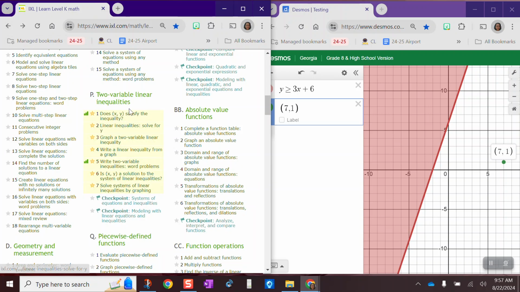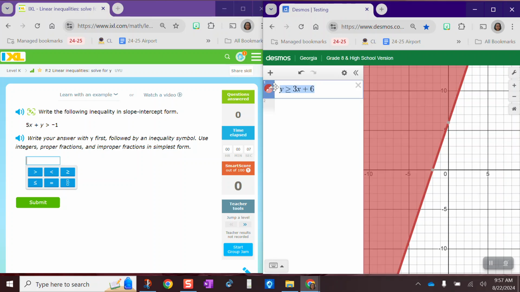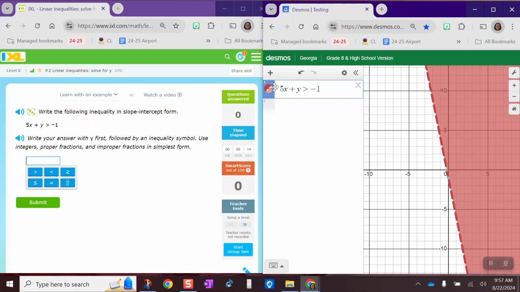Linear inequalities, solve for y. All right. Sometimes it helps to do it this way. If not, you might get stuck actually having to do it by hand.